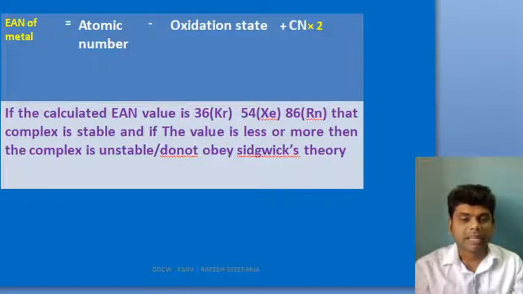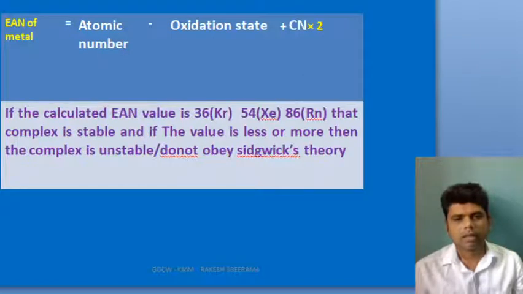If the calculated EAN value equals the nearest noble gas configuration, which for transition metals will fall at 36, 54 and 86 (36 for krypton, 54 for xenon and 86 for radon), then the central metal atom attains stability through its oxidation state plus twice the coordination number.